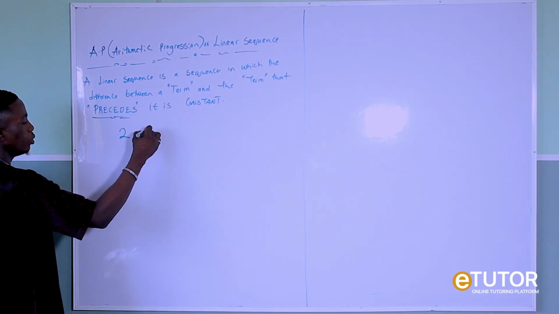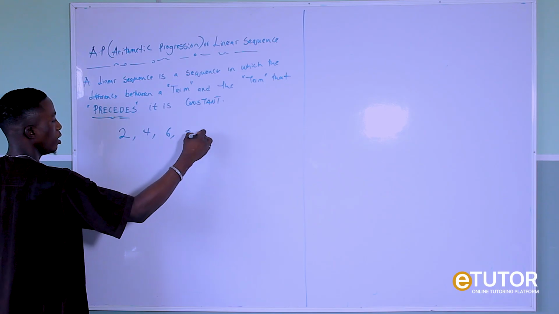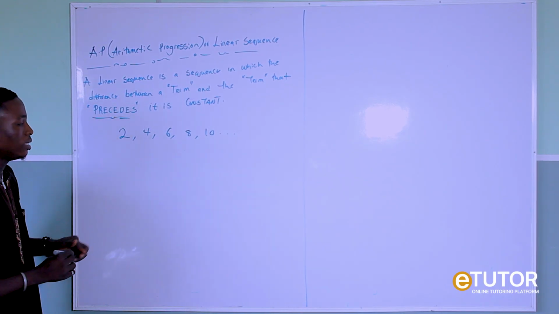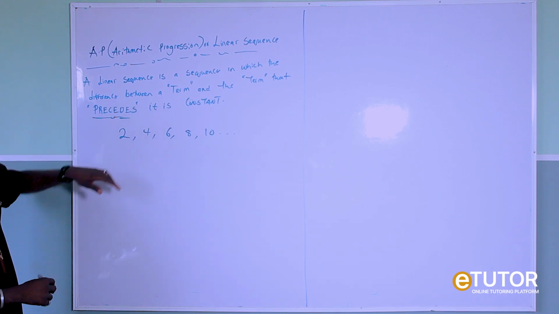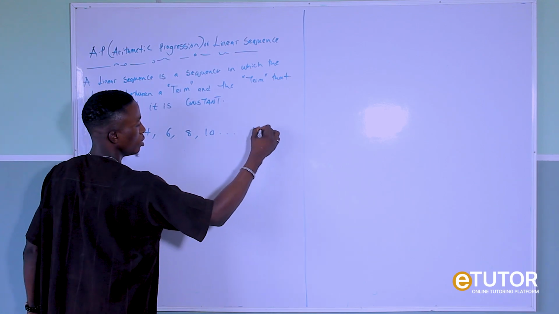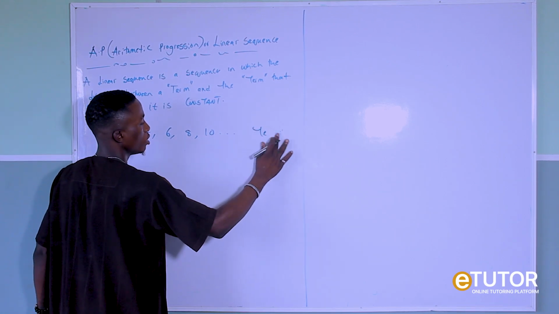Let's say we have a sequence like this: 2, 4, 6, 8, 10, and so on. This is an example of a sequence. The numbers in this sequence are called terms.